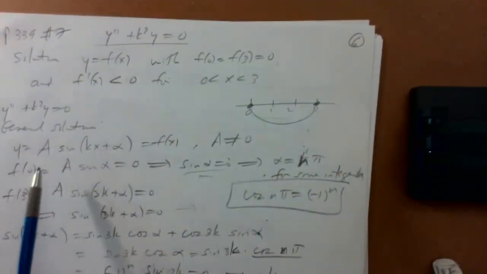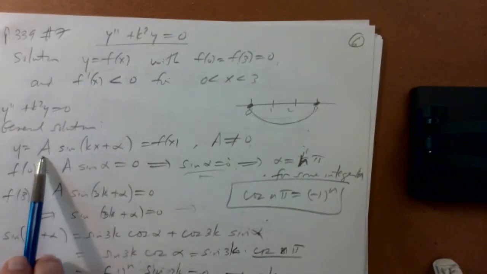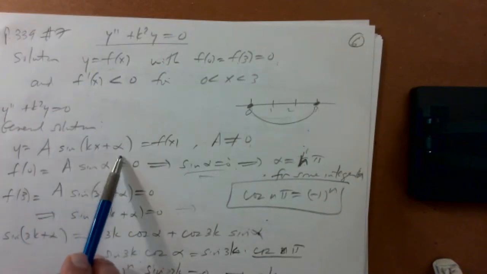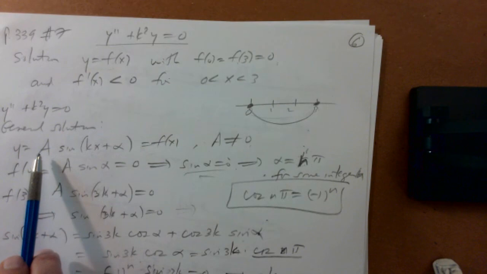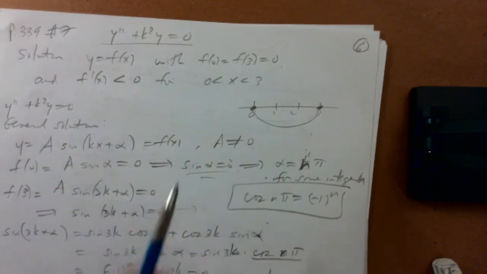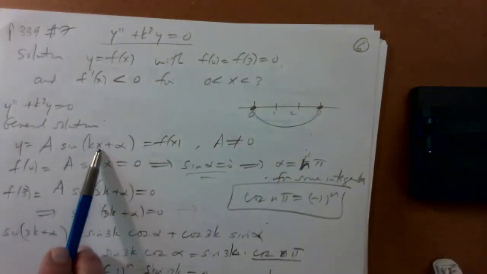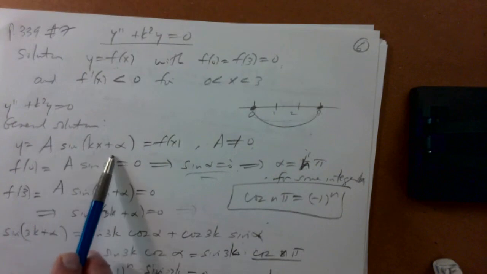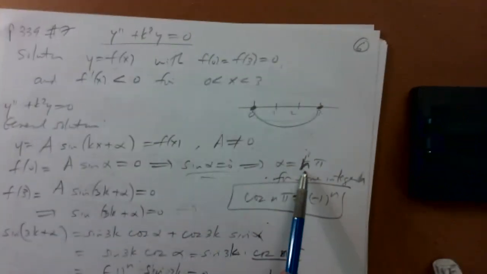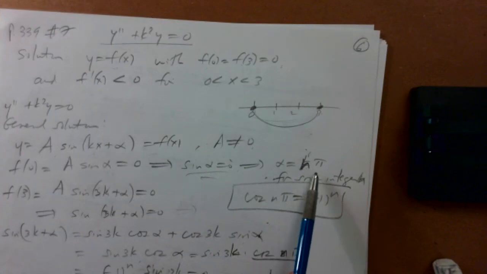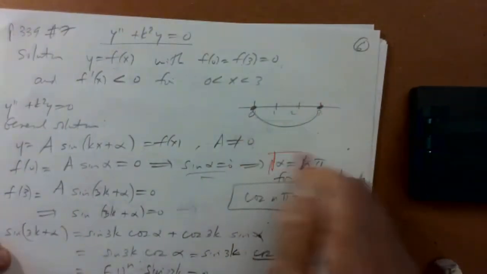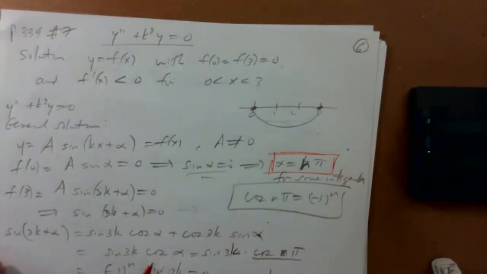So we know the general solution is A sine of kx plus alpha for some constants A and alpha. If we plug in x equals 0, we get A sine alpha, which is 0, which means the sine of alpha is 0. So alpha is some multiple of pi. These are the only angles whose sine is 0. So alpha has to be a multiple of pi.